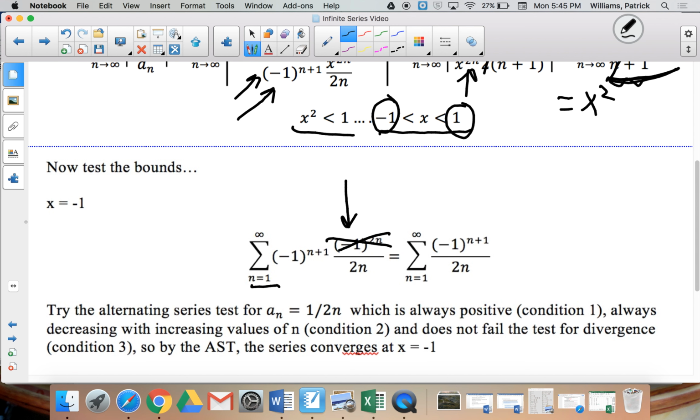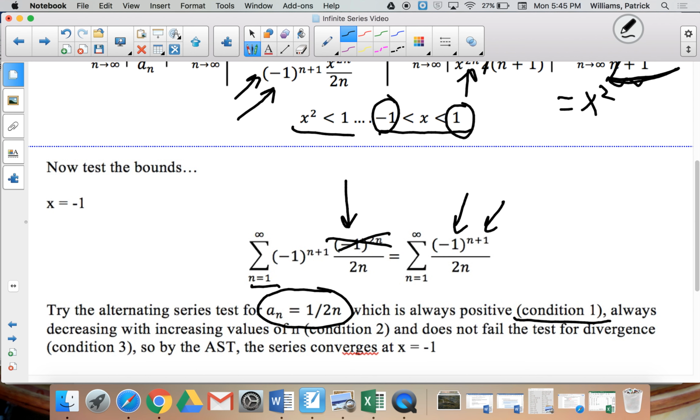Now, if we look at this, we immediately see a -1 raised to some power of n, so we should immediately use the alternating series test. Remember that -1 to the n goes out, and we just look at what's left, and that series must meet the 3 criteria. It's always positive for any value of n, so that meets condition number 1.